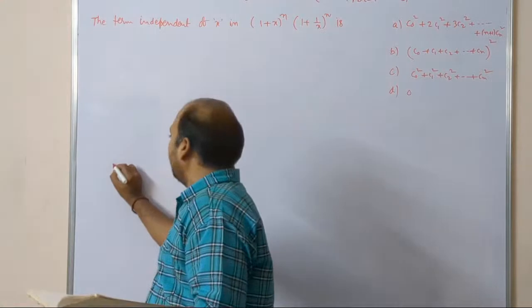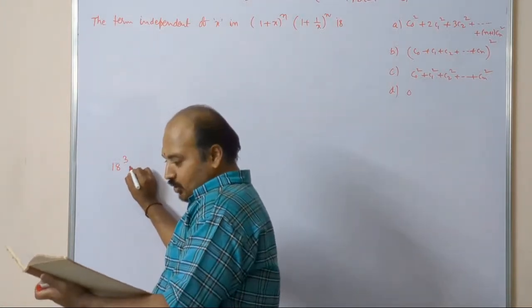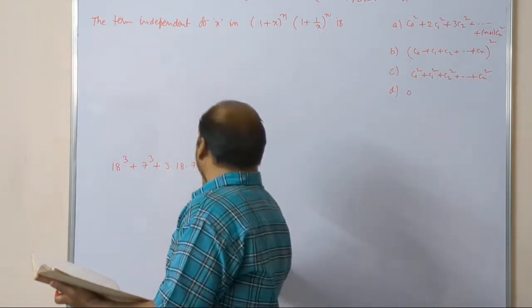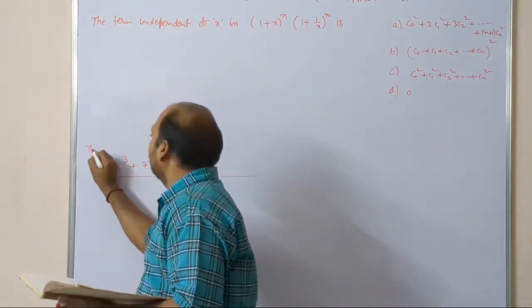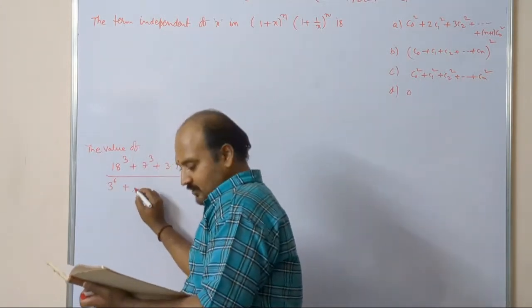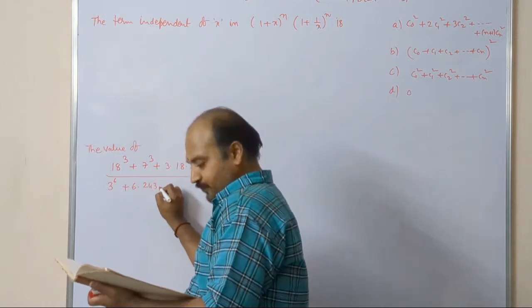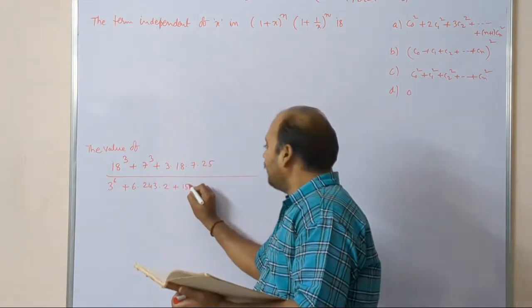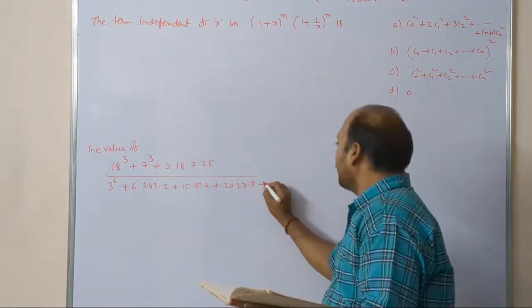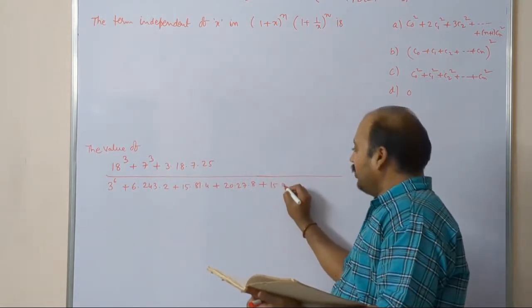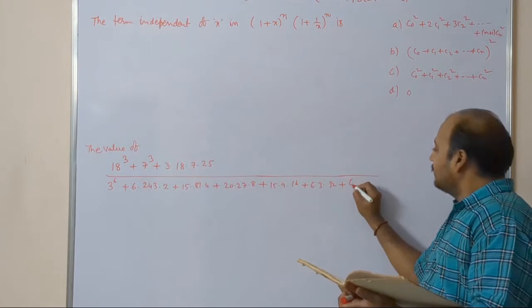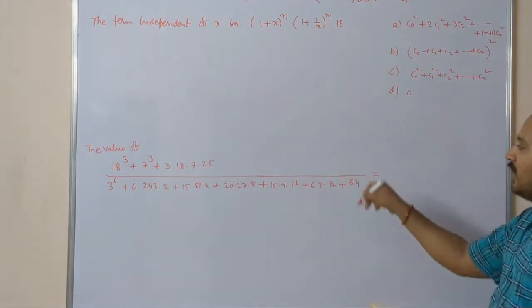Now one other question also previously they asked. This is not related to that one, but one good question. 18 cube plus 7 cube plus 3 into 18 into 7 into 25, divided by the value of 3 power 6 into 6 into 243 into 2 plus 15 into 81 into 4 plus 20 into 27 into 8 plus 15 into 9 into 16 plus 6 into 3 into 32 plus 64, value equal to the value of this one.